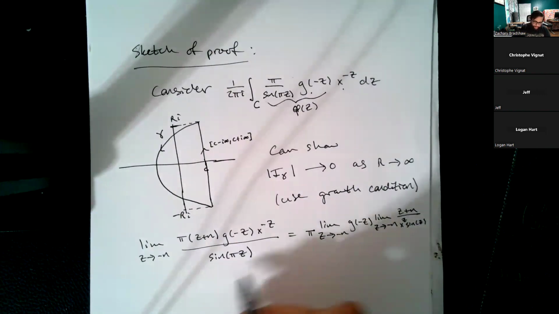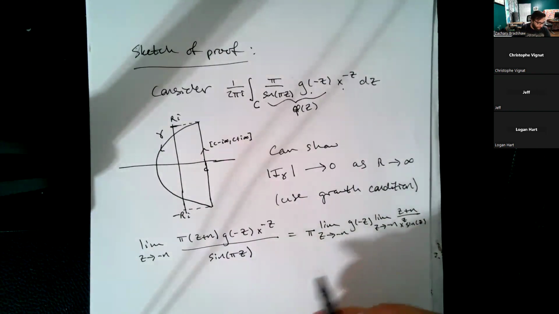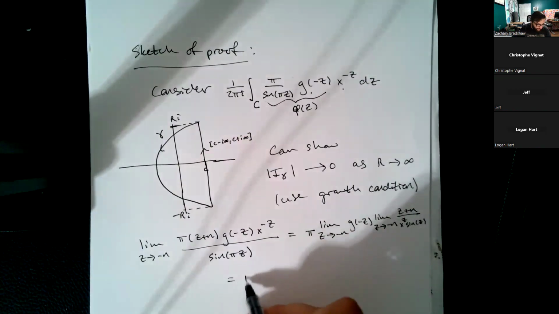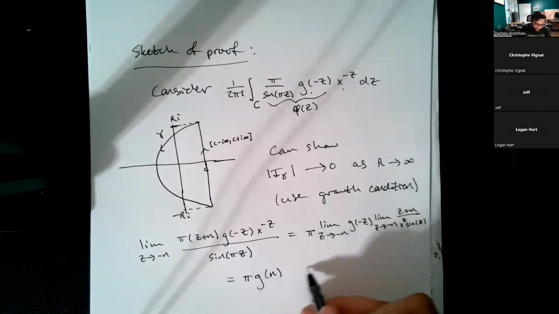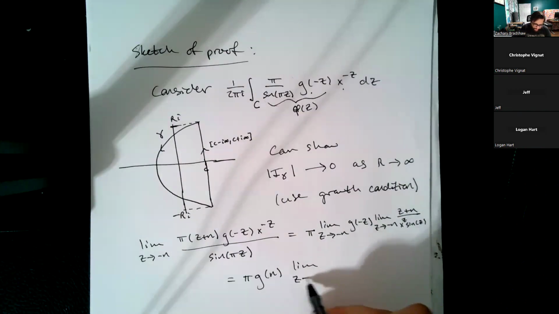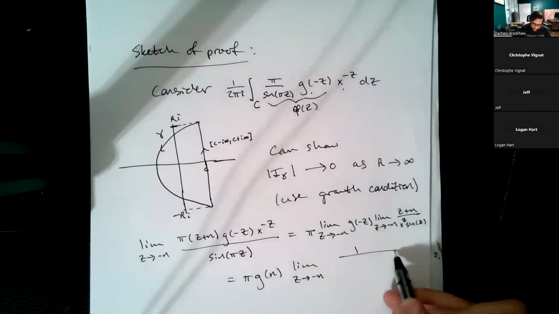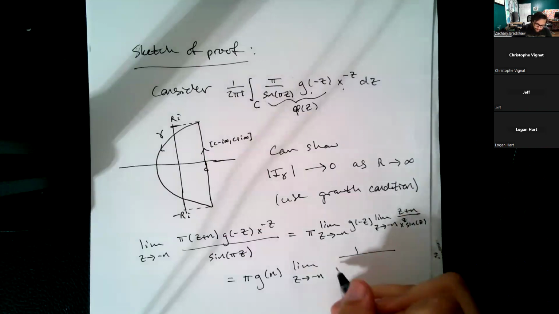So that's what I did here. And this is equal to pi g of n, the limit as z goes to minus n. So what I'm doing here is L'Hopital's rule.